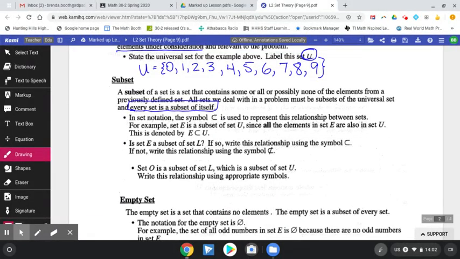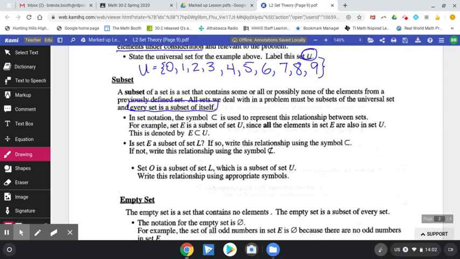In set notation, this symbol is used to represent this relationship between sets. For example, set E is a subset of set U, since all the elements in the set E are also in set U. This is denoted by E is a subset of U.